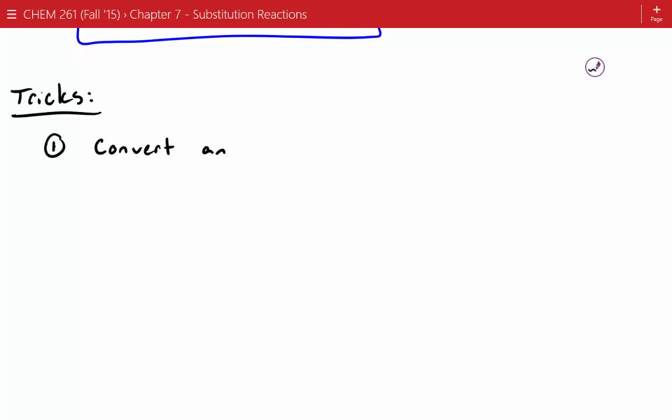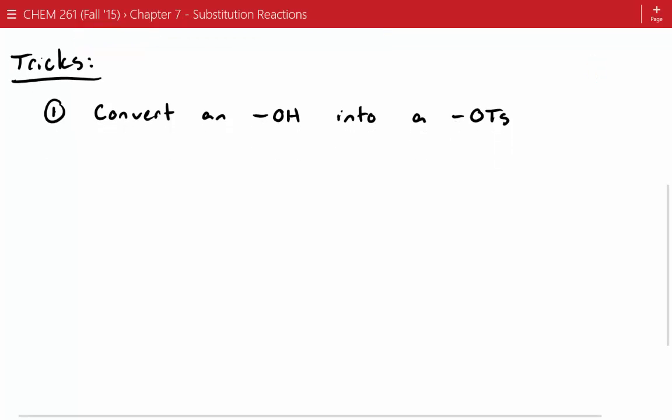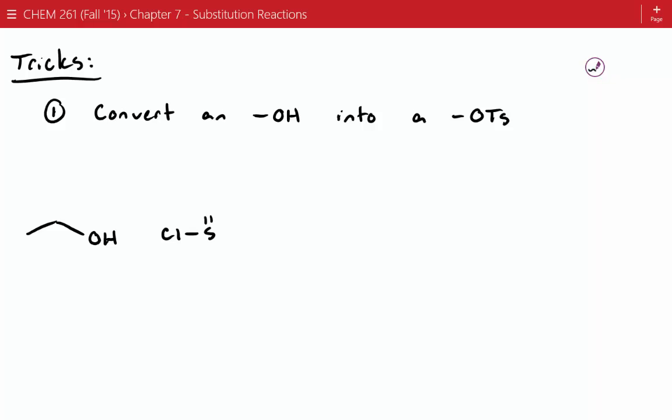Convert an OH, or an alcohol, into an OTs, and I'll describe what that means, but essentially this is called a tosylation reaction. So I'll show you guys how this works. Let's say I've got this alcohol. What I need to do is to react it with this new reagent that we haven't seen.